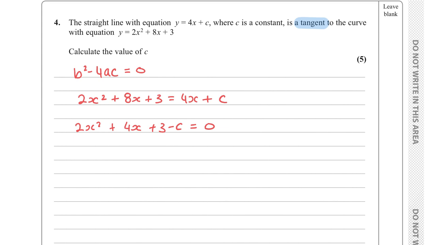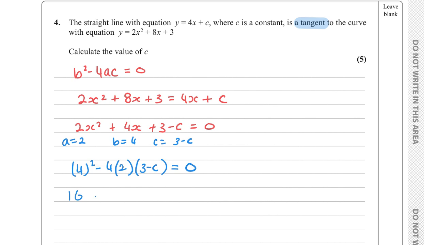So now if I do my b squared, I know my a is 2, my b is 4, and my c is 3 minus c. So b squared minus 4 lots of a, lots of c, this must equal 0.